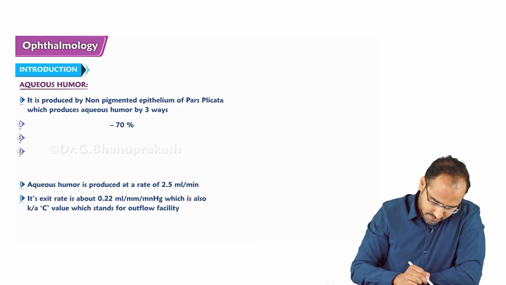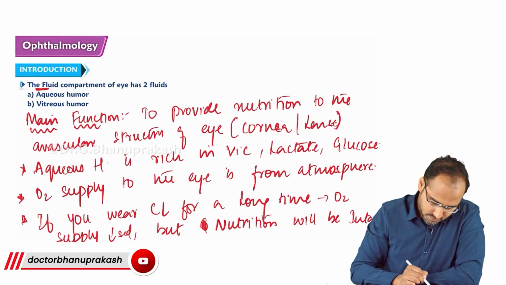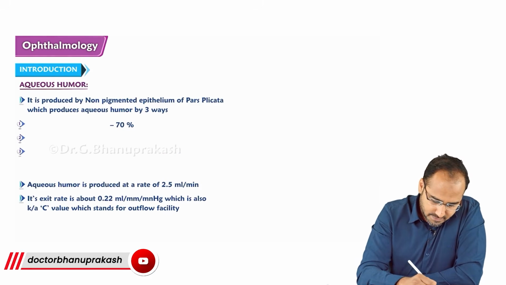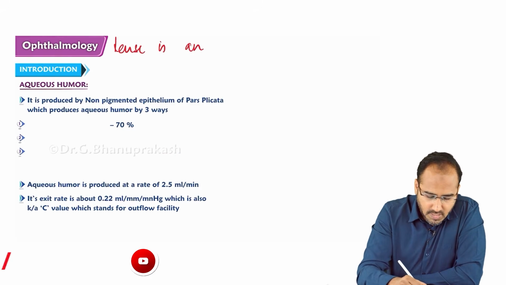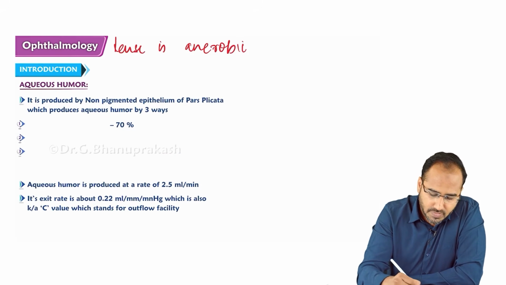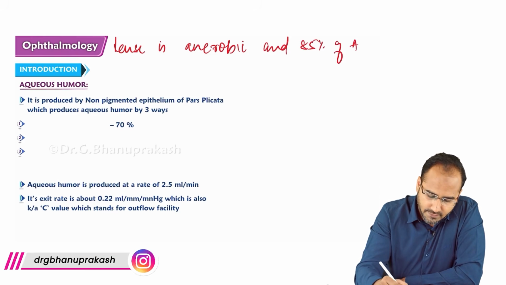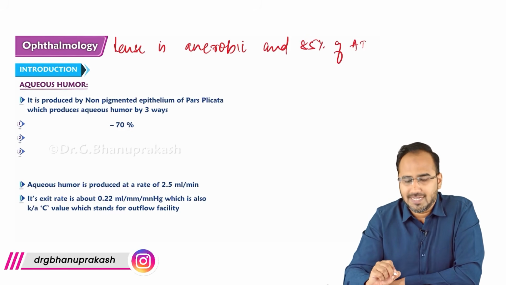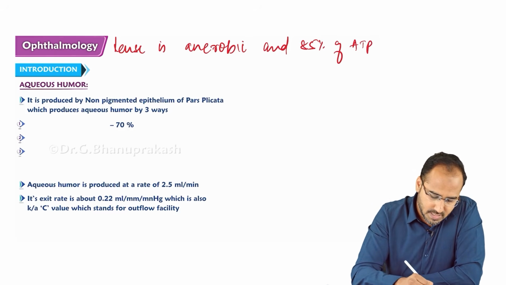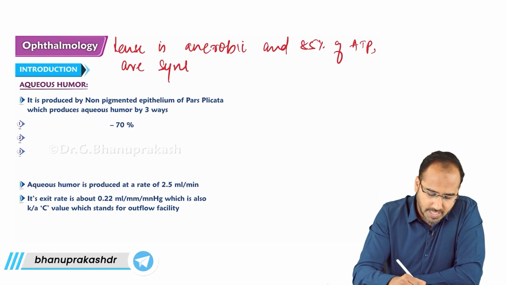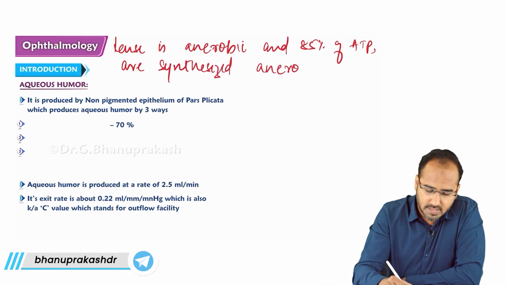Just write there: lens is anaerobic and 85% of ATPs are synthesized anaerobically.